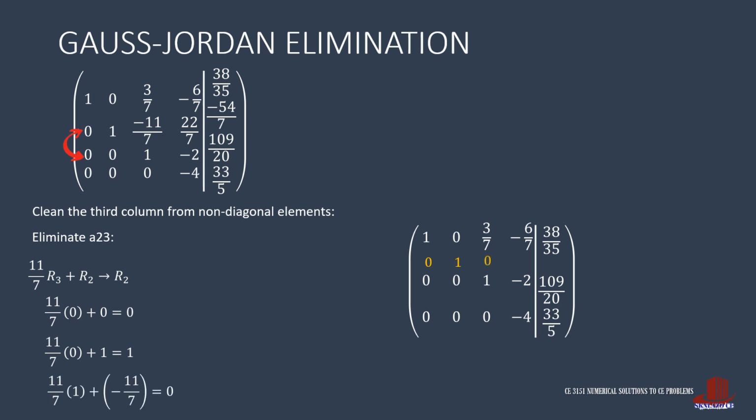Then 11 over 7 times 1 plus negative 11 all over 7 to give 0. The fourth element has 11 over 7 times negative 2 plus 22 over 7 to give 0 again. Then 11 over 7 of 109 upon 20 plus negative 54 over 7 to have 17/20 or 0.85.